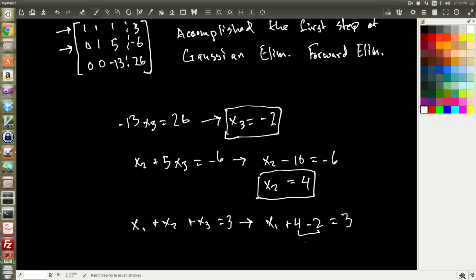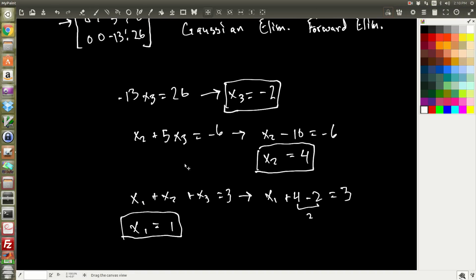So these combine to be 2, and then we subtract 2 from both sides, and we get x1 equals 1. There. That is the second step of Gaussian elimination, called backward substitution.